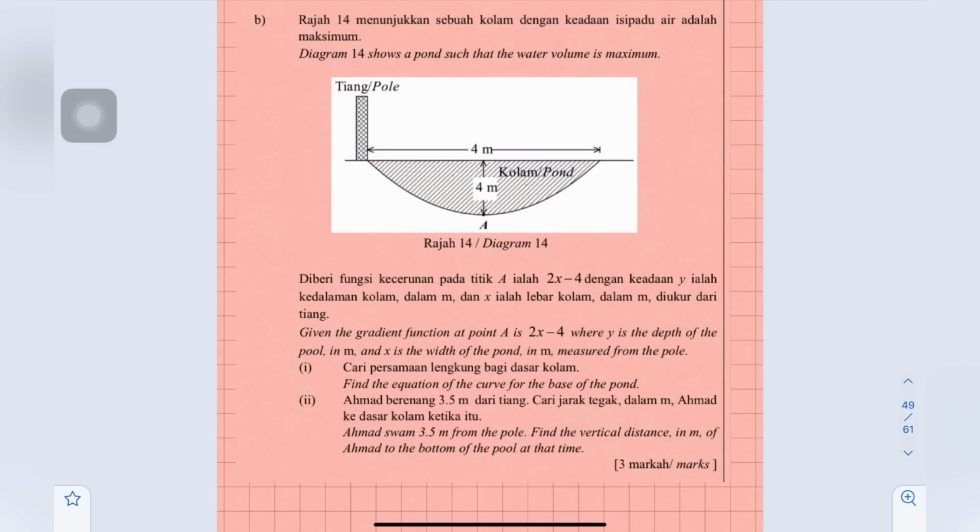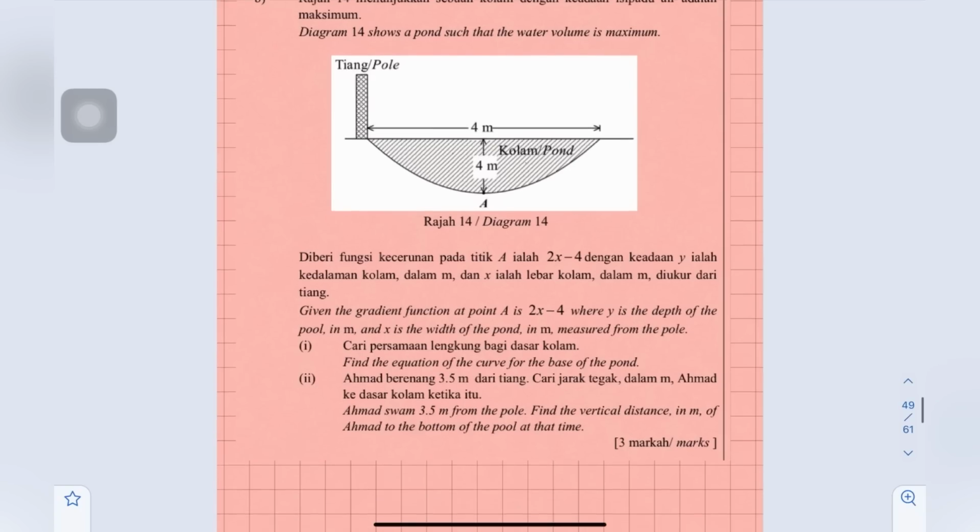B. Diagram 14 shows a pond such that the water volume is maximum. Given the gradient function at point A is 2x minus 4, where y is the depth of the pool in meters and x is the width of the pond in meters measured from the pool. Roman 1, find the equation of the curve for the base of the pond.